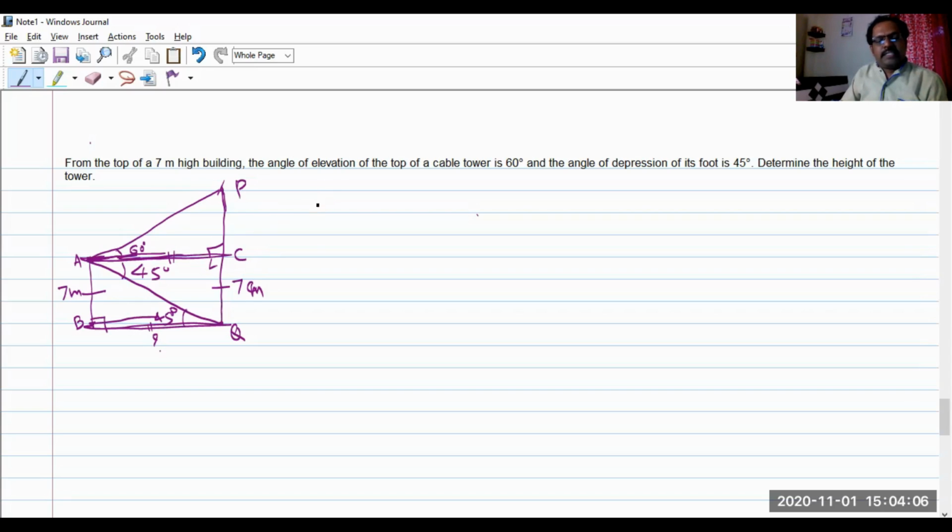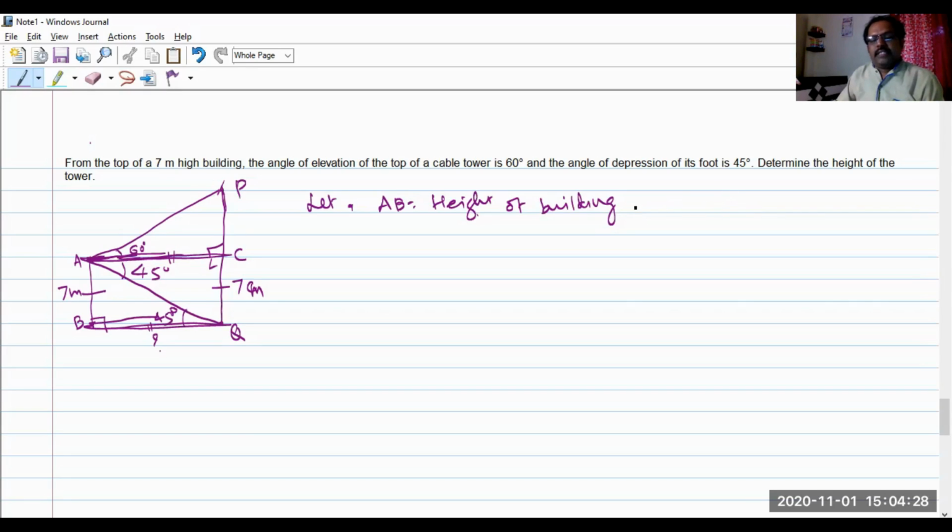Before solving this example, let us note the things we have considered here. What is AB? AB is the height of the building, from the top of which we have the angle of elevation to the top of the tower, right?